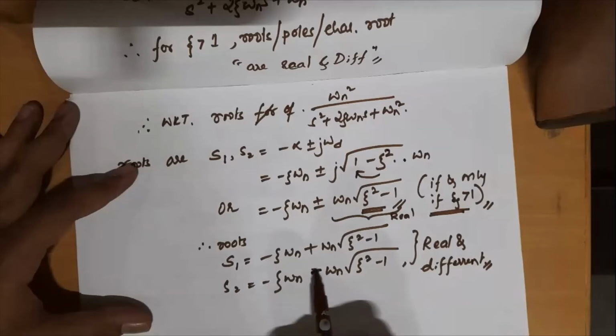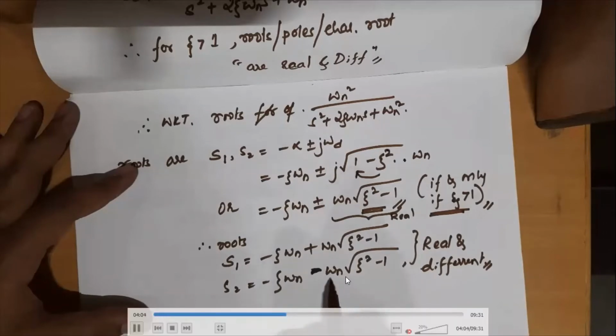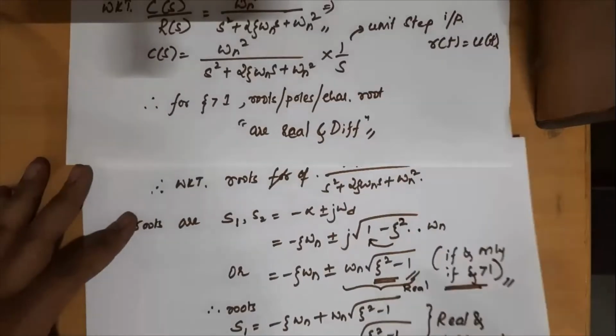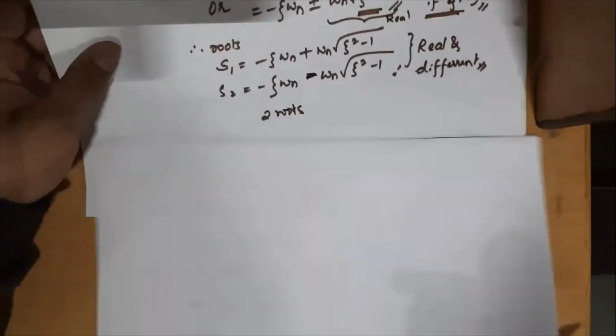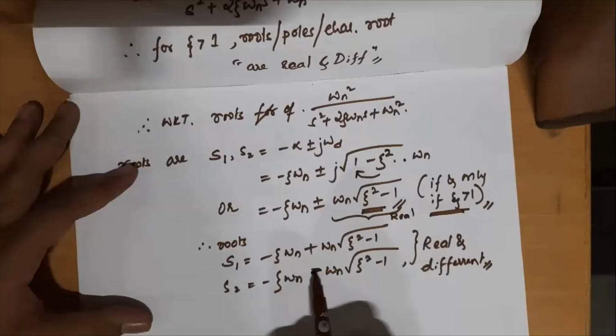Second root is minus zeta omega n minus omega n, under the square root we have zeta square minus 1. So there are two roots. Any clarification needed till this point? Anybody wants to ask any doubts, or you want to look at these terms again? I'll wait for a minute.